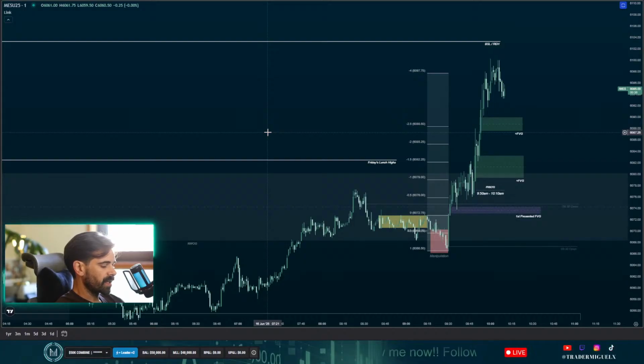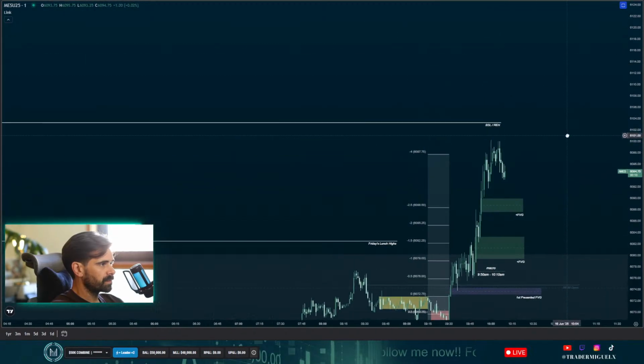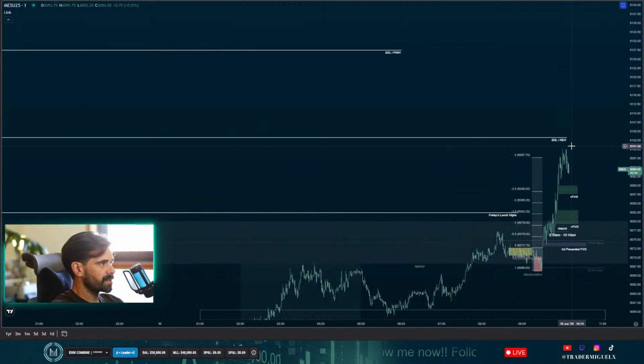We can eventually expect price to continue to run higher, but at this point, if it really continues, there's nothing I can do honestly because I missed the manipulation move here. So there's no point buying really near buy side liquidity or even relative equal highs.